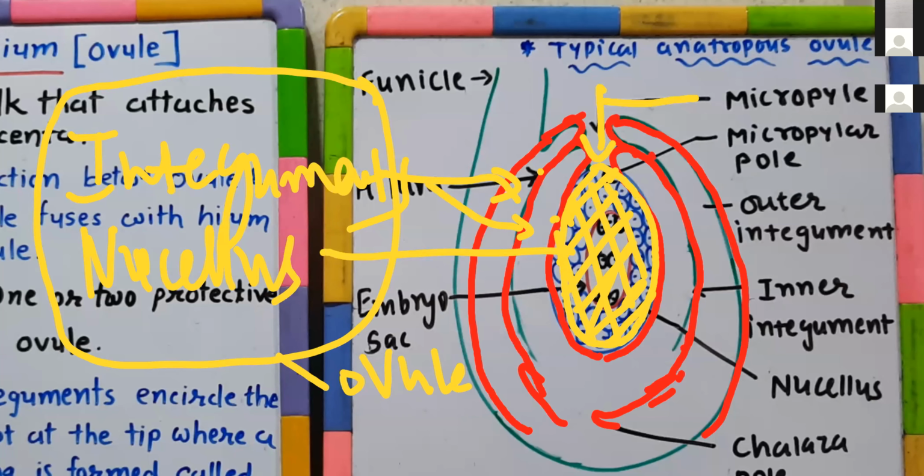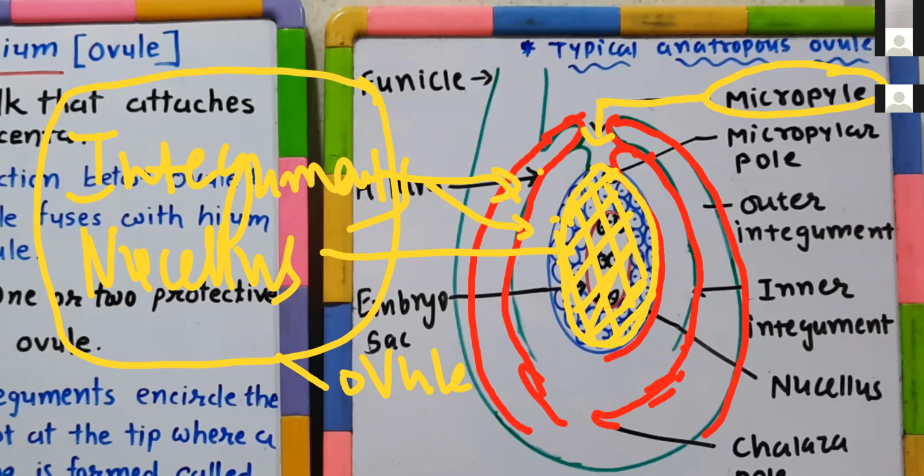Can you make out this aperture? That is termed as micropyle. That pole of the ovule is called the micropylar pole.